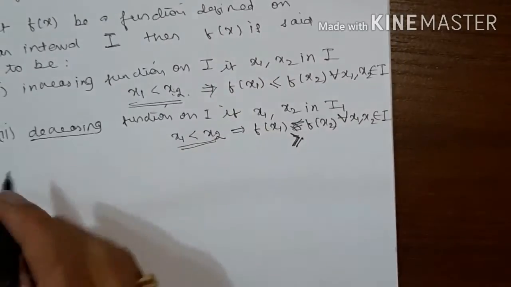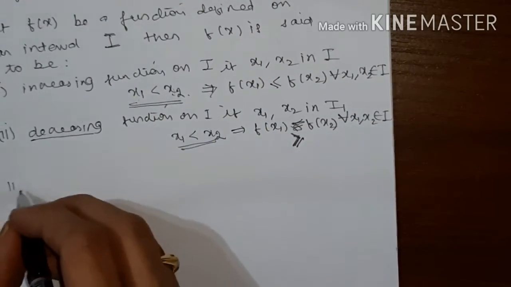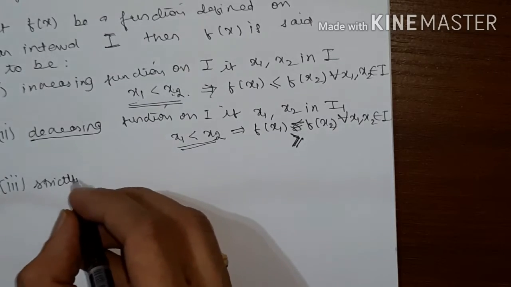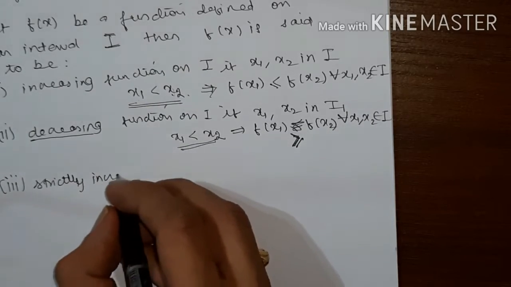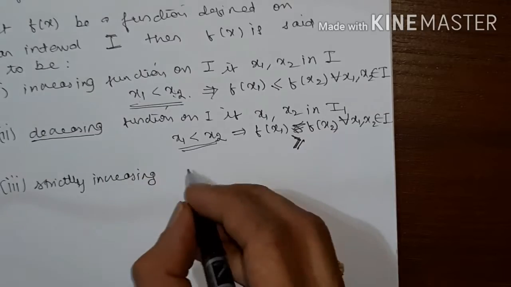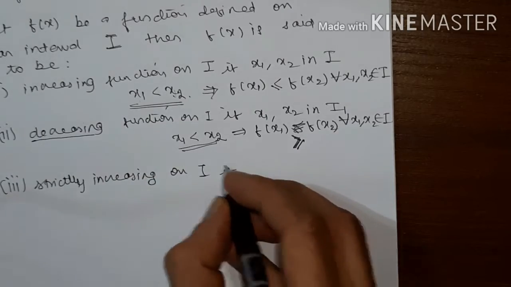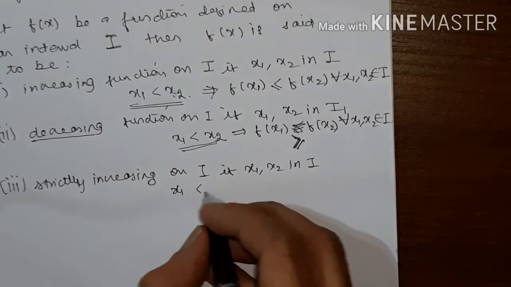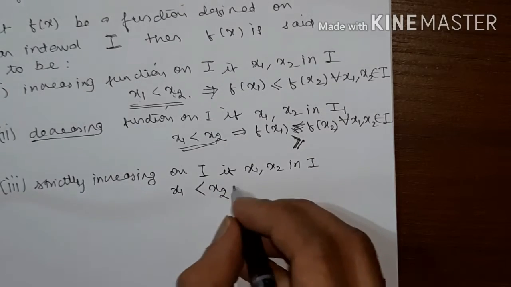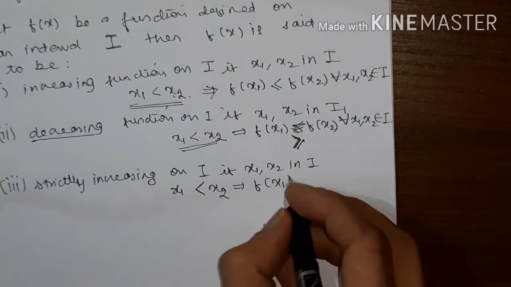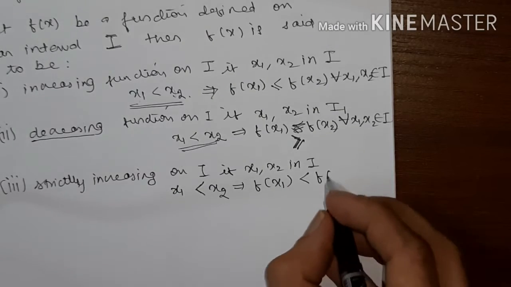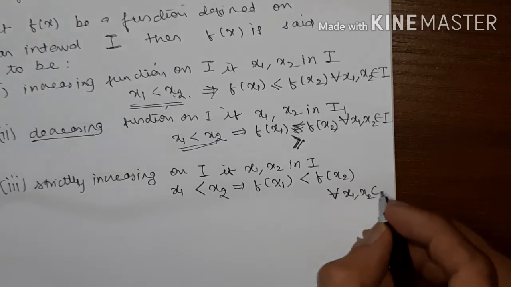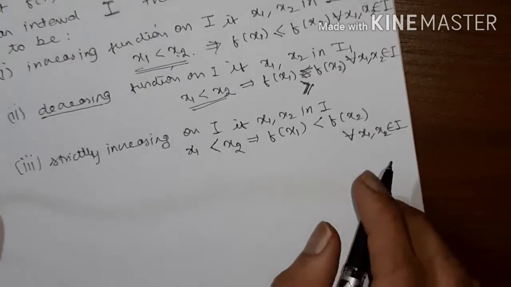Okay, so now let us look at the third definition, which is nothing but the strictly increasing function. Strictly increasing on I if x1, x2 in I and x1 is less than x2 implies f(x1) is less than f(x2) for all x1, x2 belonging to the interval I, right?